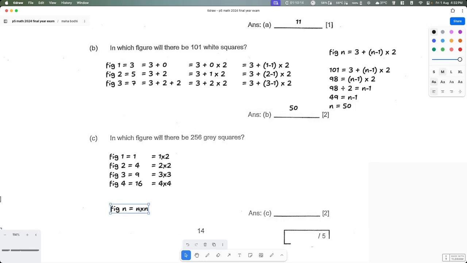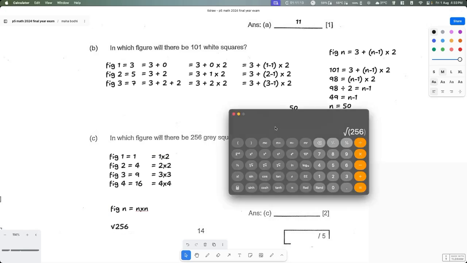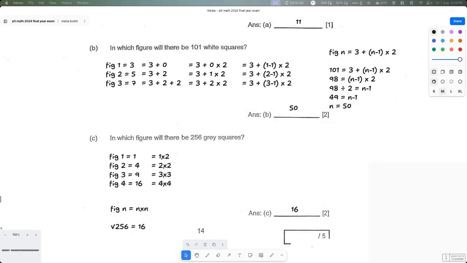So how to get 256? You can use this thing called square root. So you can square root 256, and then this will become 16. So 16 multiplied by 16 is 256, right? So the answer is 16. All right.